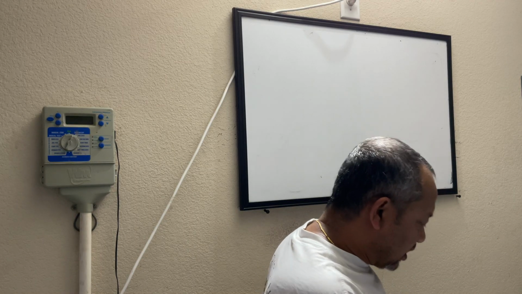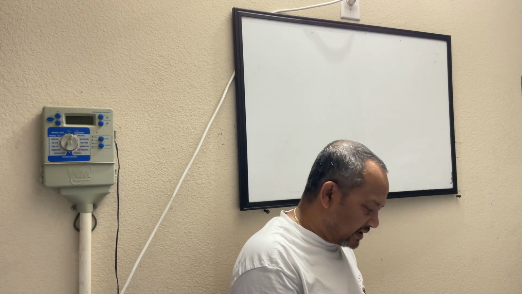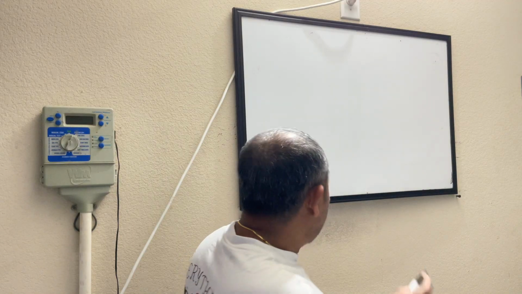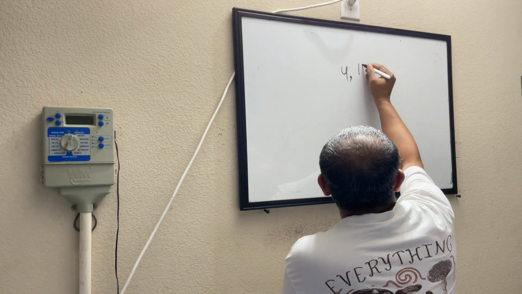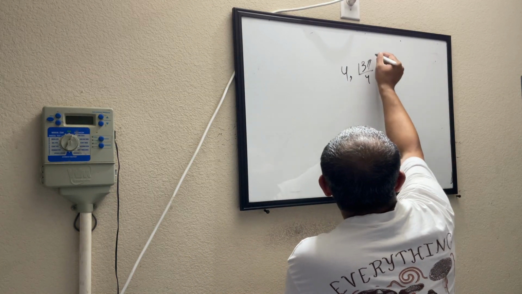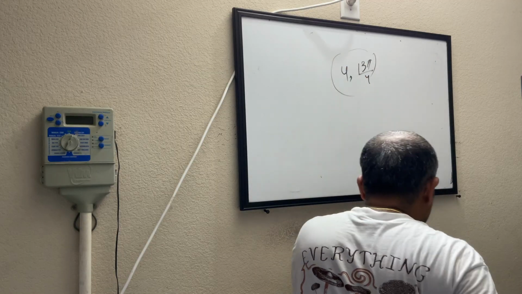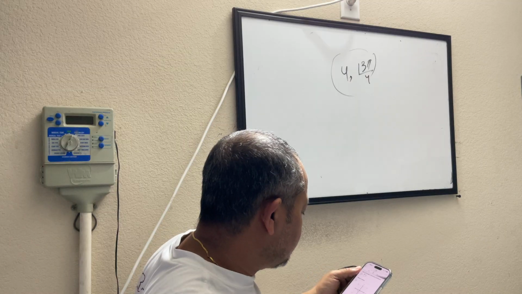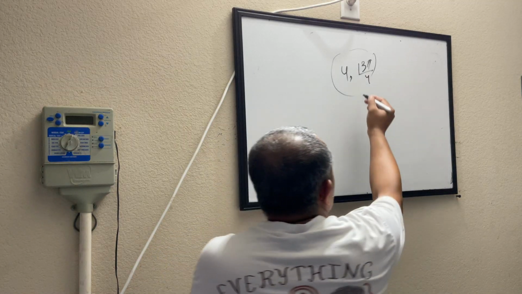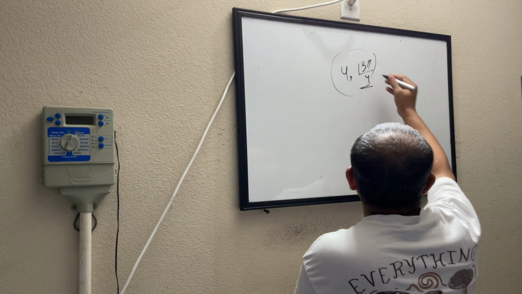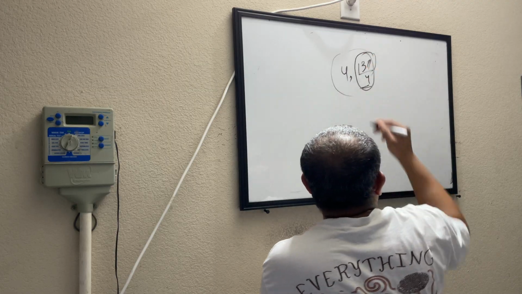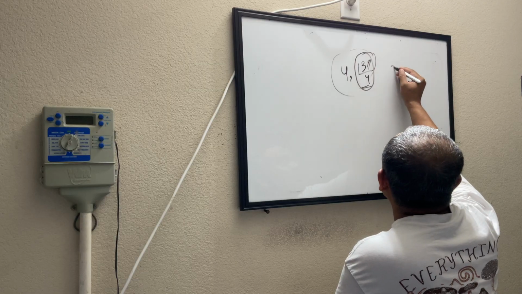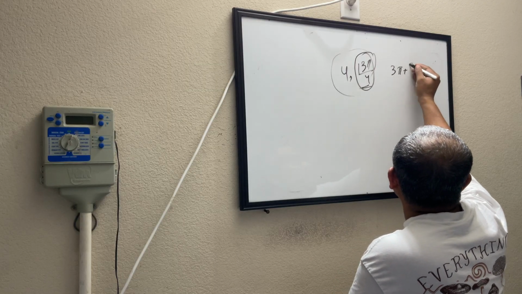Okay, this is a word problem. There was one more problem that I had sent that you guys can look at offline. Same thing, we have been given 4, 13 pi over 4. And you have to locate this polar coordinate among the 4 pictures that are given to us. When you look at this 13 pi over 4, you see this is an improper fraction, right? So just break it down. 4 3s are 12, so 3 pi plus pi over 4.